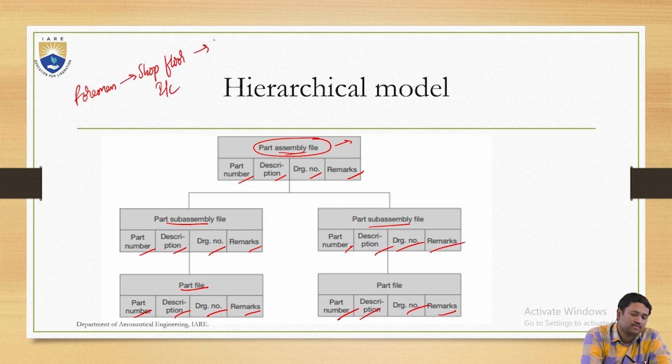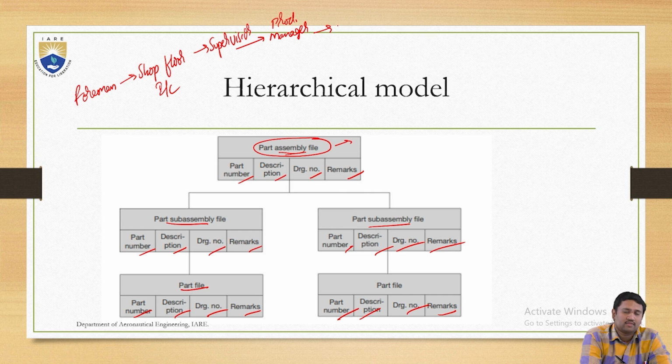Shop floor in charge to your supervisor, to manager, to general manager or production manager if you're going for production side, or sometimes the same manager can also be called the production manager.